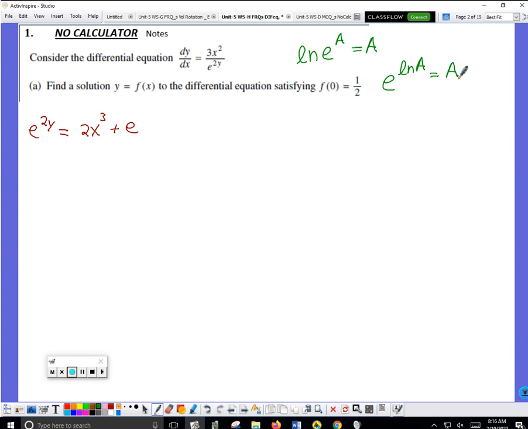So we're trying to get y alone. Now all we're going to do is take the natural log of both sides. So I take the natural log: e raised to the 2y must equal the natural log of 2x cubed plus e.